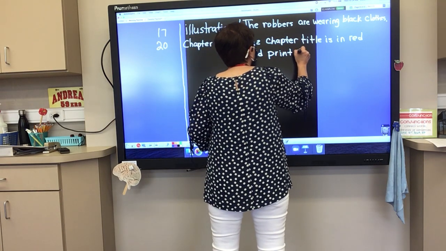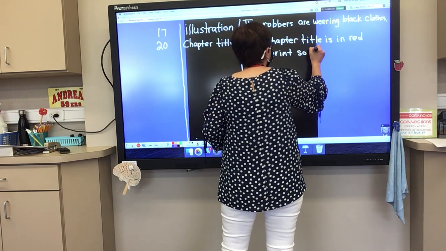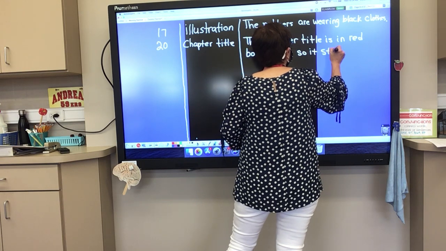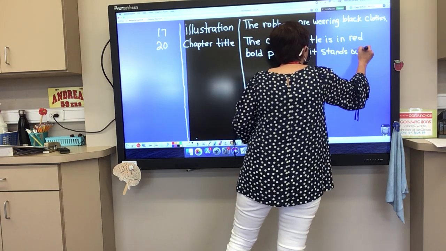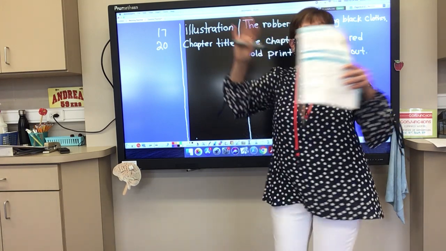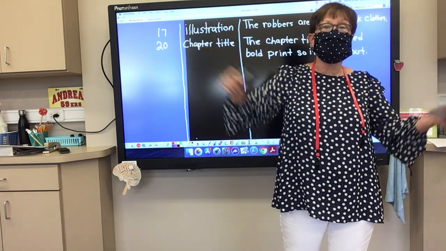So it stands out. That way it pops out on the page so we can see it.